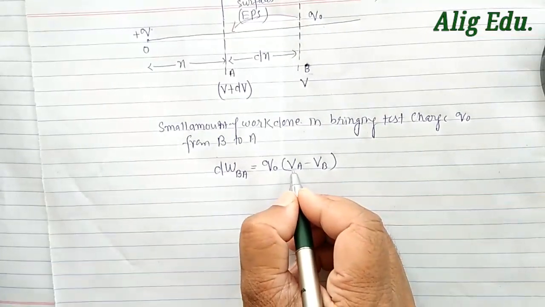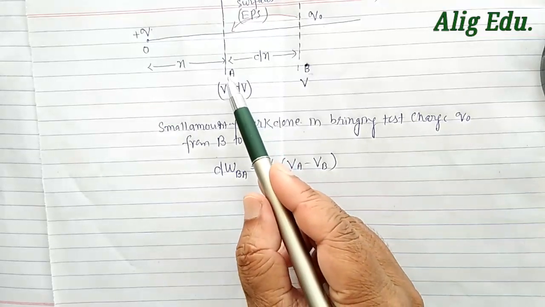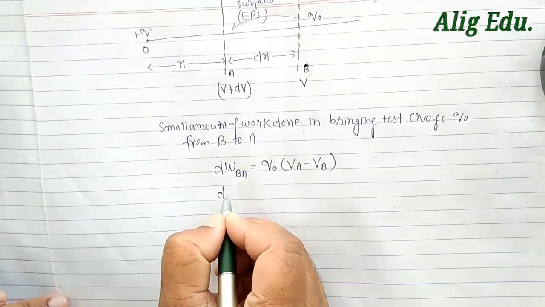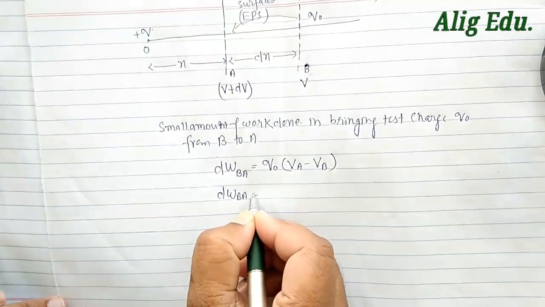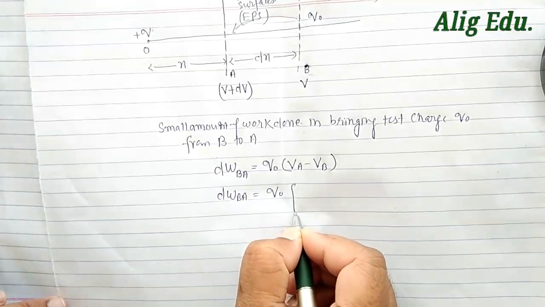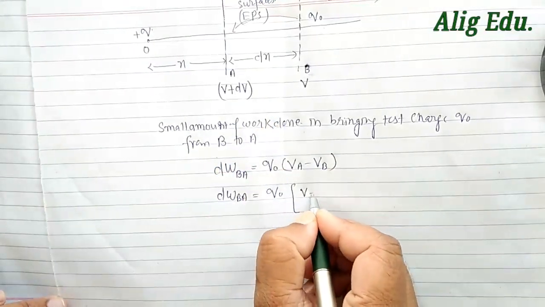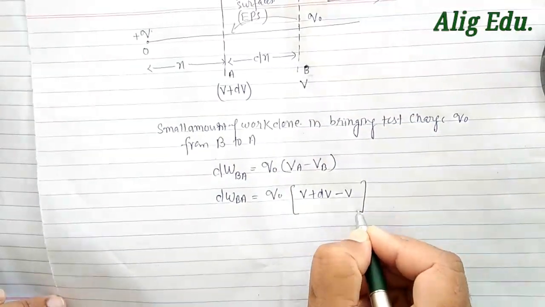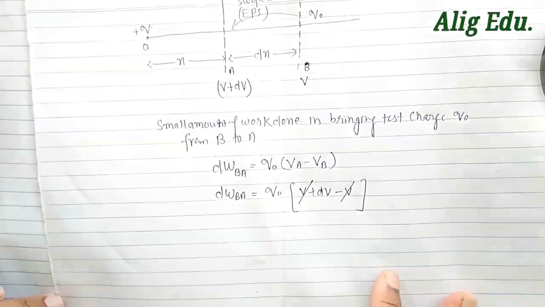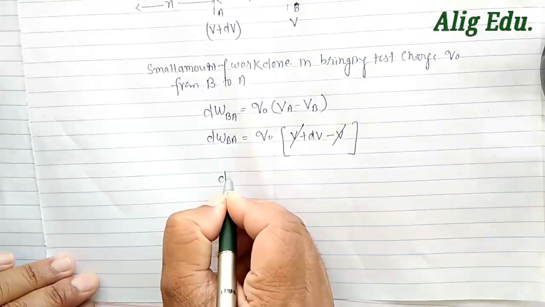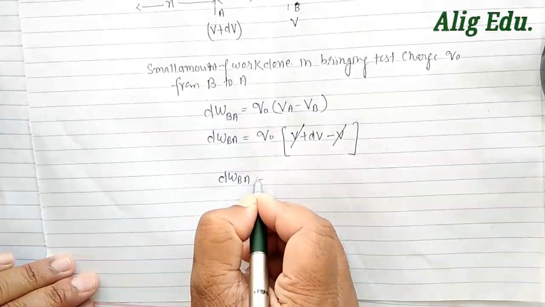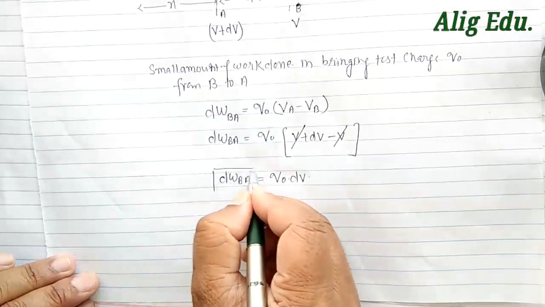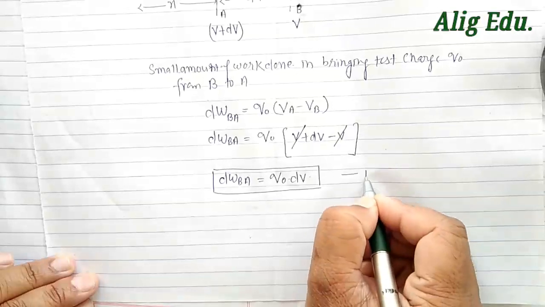Now put in these values. VA is the potential on surface A and VB is the potential on surface B. So dWBA is equal to Q naught times V plus dV minus V. V minus V cancels out, so dWBA is equal to Q naught multiplied by dV. Equation number 1.